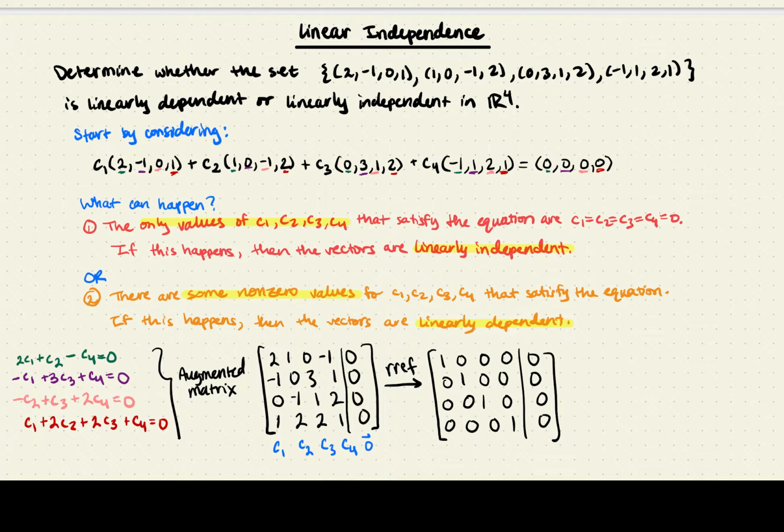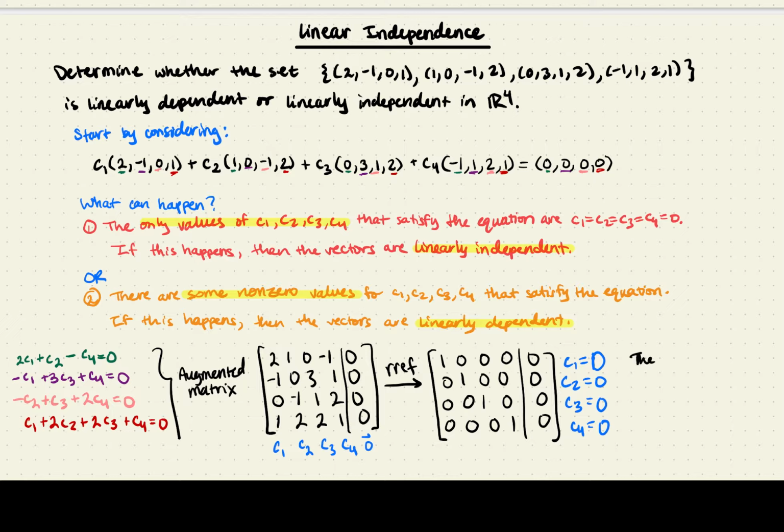This tells me that 1 times C1 equals 0, so C1 equals 0. The second row is telling me that C2 equals 0. Oh, sorry, this should be a 0 here. C3 equals 0, and C4 equals 0 as well. So the only solution to this system is that all of the constants have to be 0.